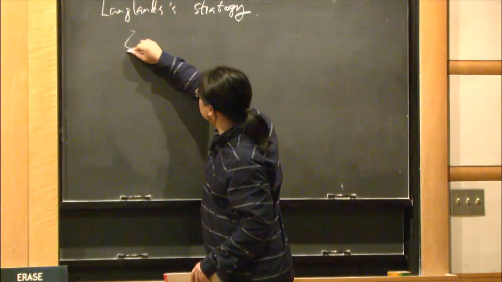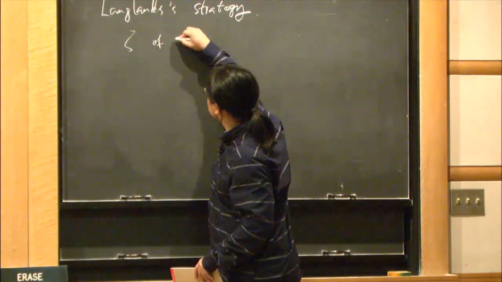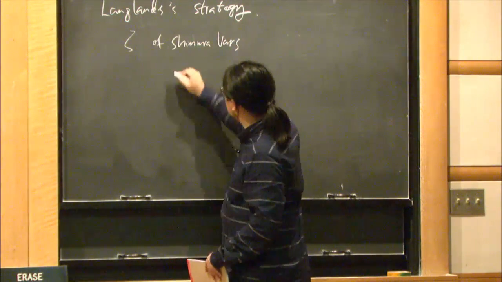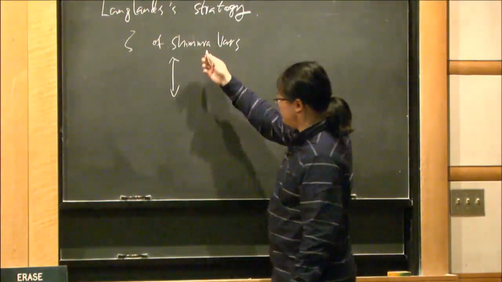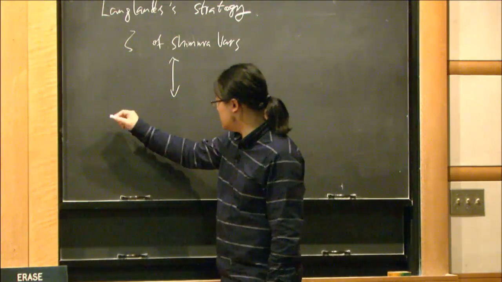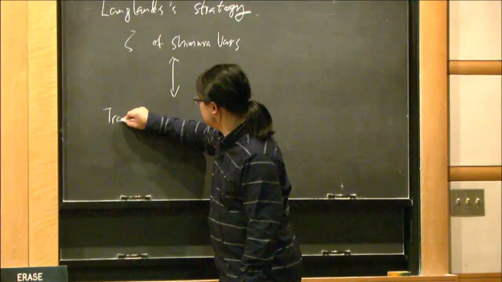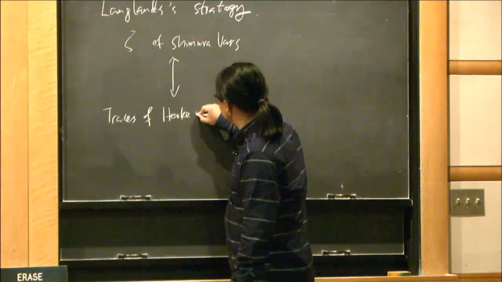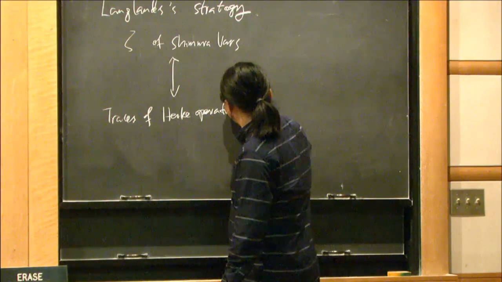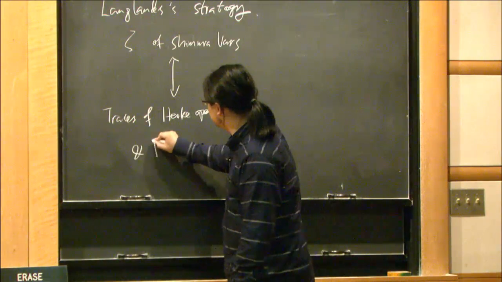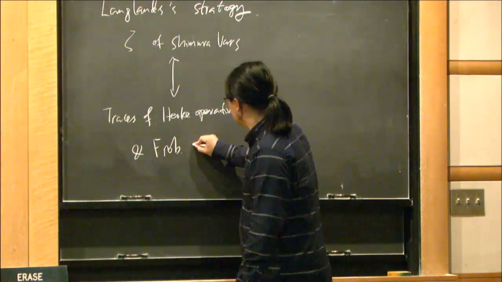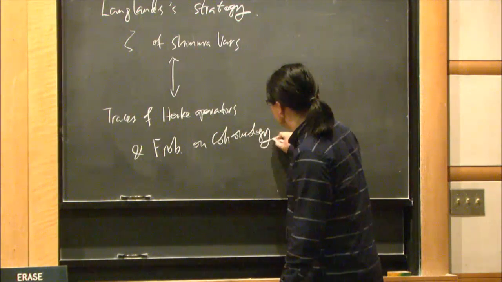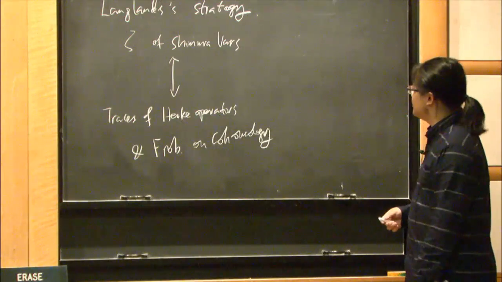So basically, you want to study the zeta function of Shimura varieties, and more or less, it is the same to study traces of Hecke operators and Frobenius on the cohomology of the Shimura varieties.